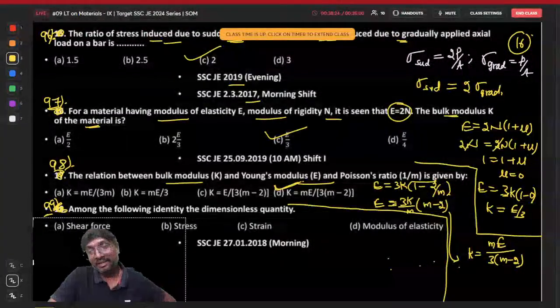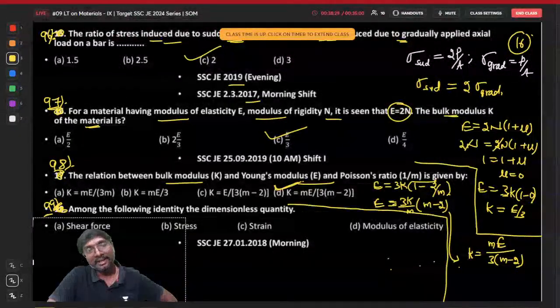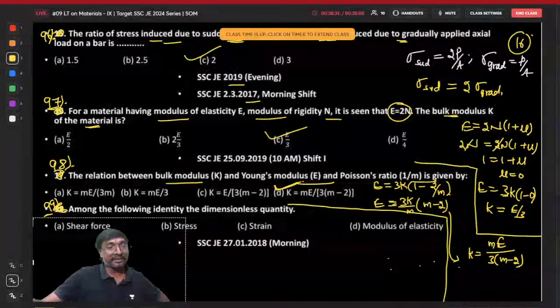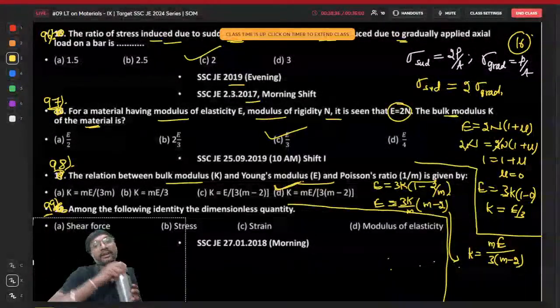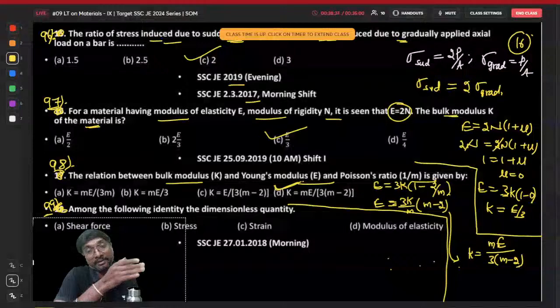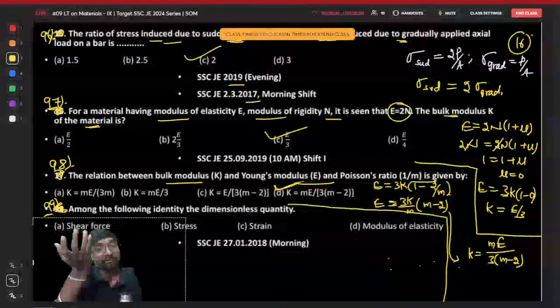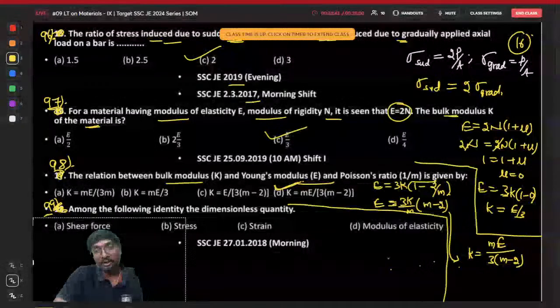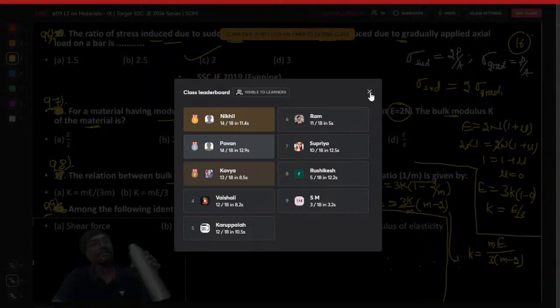Tomorrow we'll start SFD BMD questions. This completes your first chapter questions. Now tell me, are these first chapter questions very easy or difficult? Very easy questions and high weightage. There are 99 previous questions from this first chapter itself. Out of a total of 300, almost one third of the questions are from this chapter only. You imagine how important it is. Can we neglect this chapter or not? We cannot neglect this chapter definitely.